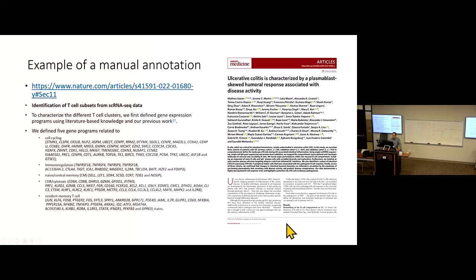So this study, which year? I want to find which year. This is an example. They have a T-cell subcluster annotation, and they use a manual annotation approach by defining these cell groups and gene programs using these marker genes.